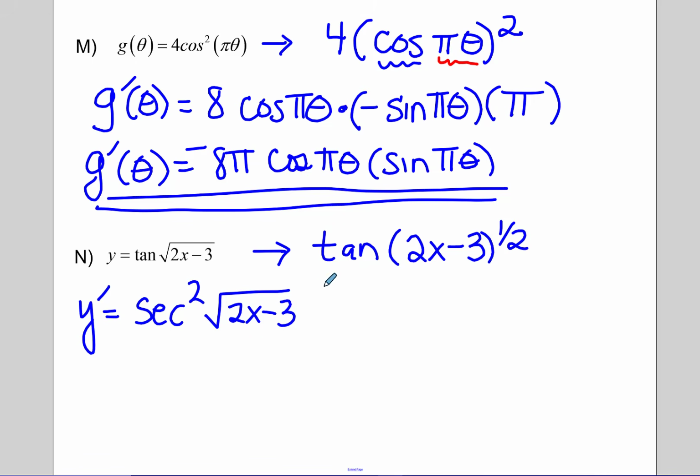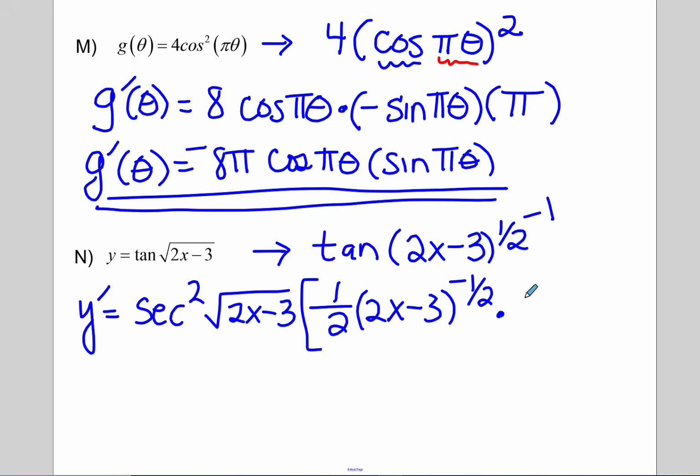Then this derivative for the square root is 1/2 times 2x minus 3, subtract 1 from the half, and multiply times the derivative of 2x minus 3, which is 2.